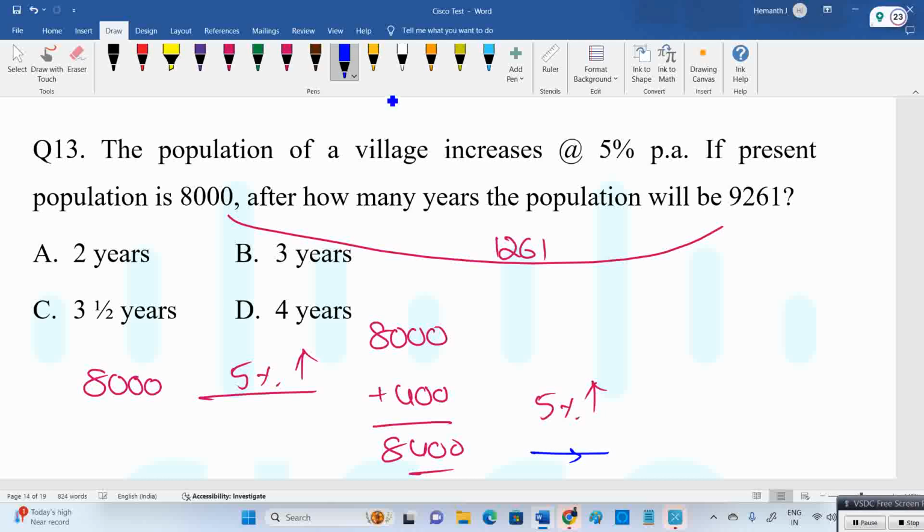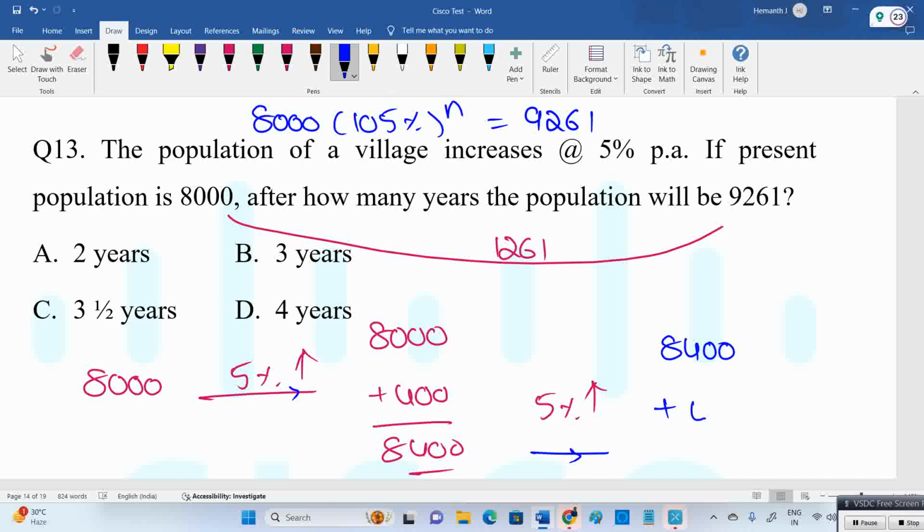As calculator is not allowed in many exams, I'm just giving you this method. Or else the other method, simply 8,000 into 105%, and you have to do it as many times as needed to get 9,261. 105% because of 5% increase. So for 8,400, 10% is 840, 5% means 420.